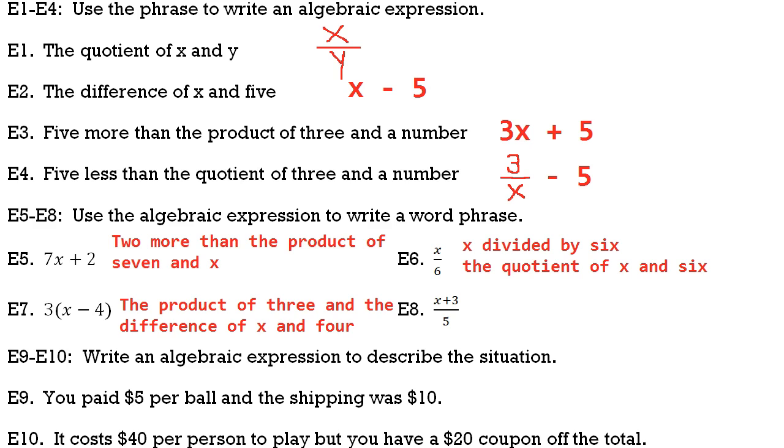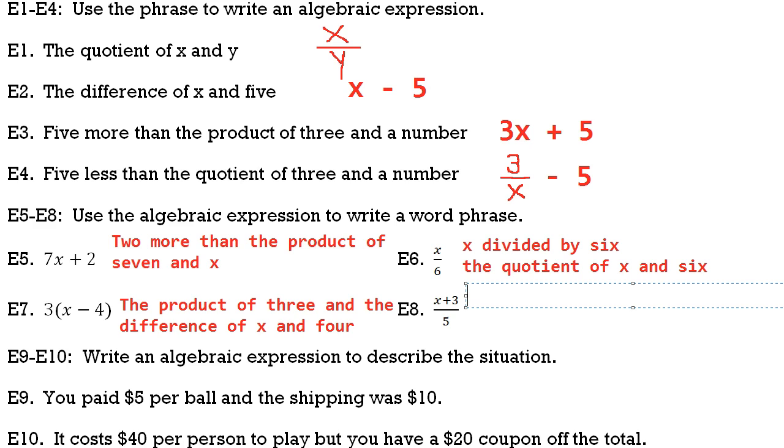And it would be tough to read when it was all said and done, because what you would find is it would say the quotient of the sum of x and 3 and 5, and that doesn't really explain what's going on.